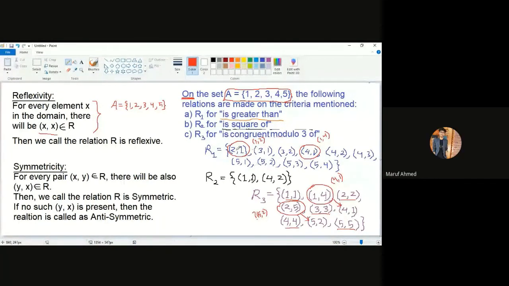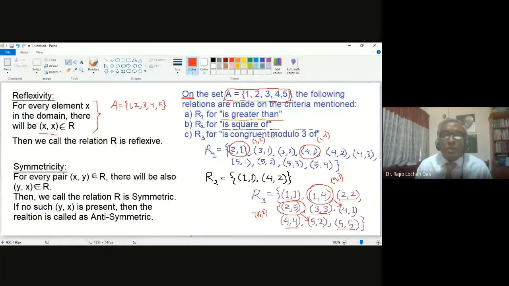But in R1, it is not available. What about R2? Is it available? No. 4 comma 2 is here, but 2 comma 4 is not in the relation. So we cannot say R1, R2 will be reflexive.